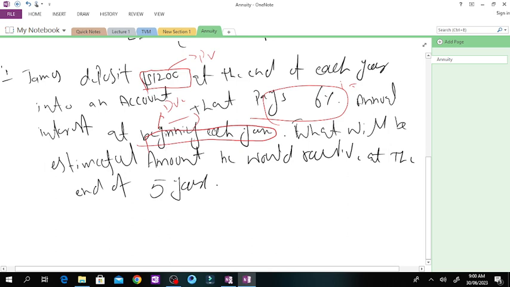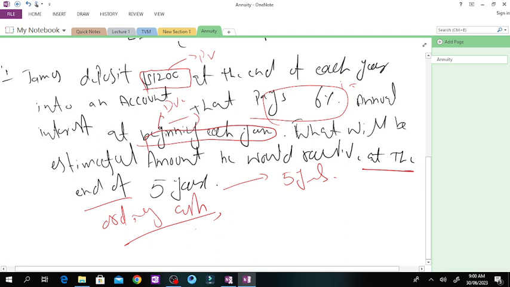Next, what will be the estimated amount he would receive at the end of 5 years? What are they saying? At the end of 5 years. So that becomes the annuity ordinary case.